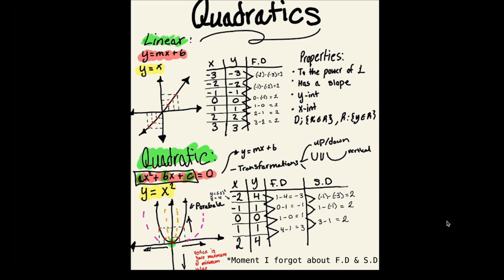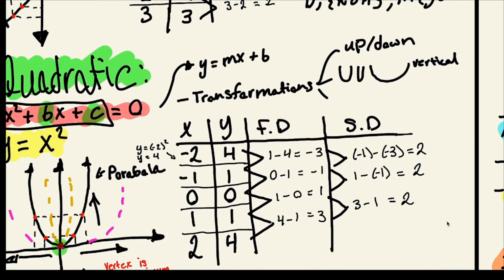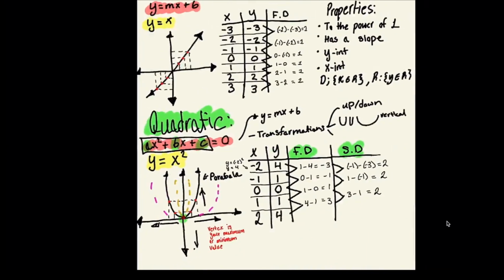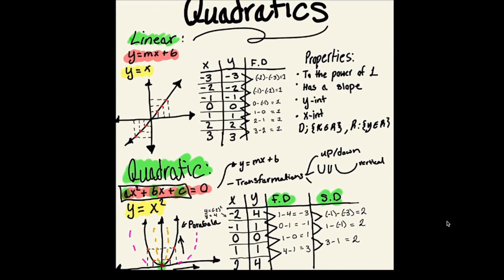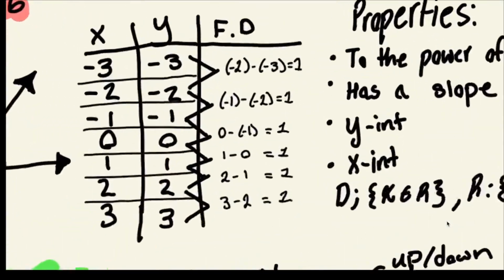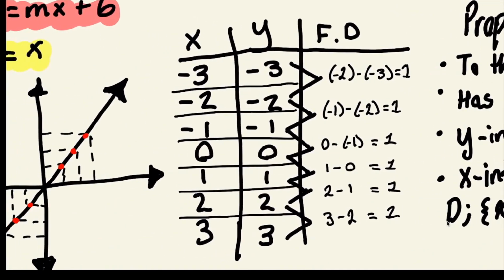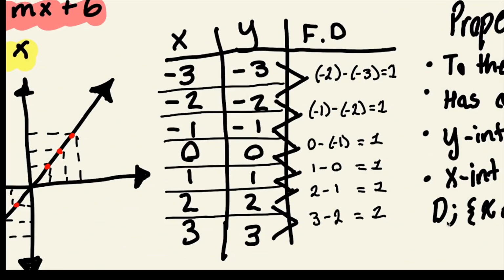And you might be wondering, what are these parts here? What are FD, SD? I don't know if you did anything in grade 9 regarding first differences, but it's essentially right here. This is a linear graph, right? And I took coordinates and I subtracted them together.